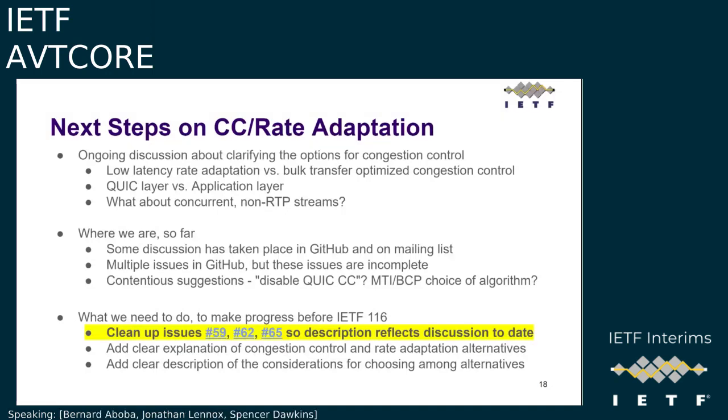Perfect. So I don't think this is a question of whether or not we're turning off congestion control in QUIC. How an RTP over QUIC endpoint implements the combination of QUIC and RTP on top of that is an implementation detail. And really what we're asking is, what is the feedback it's going to use to implement that? And so the question is whether the feedback is in QUIC or the feedback is on top of QUIC.